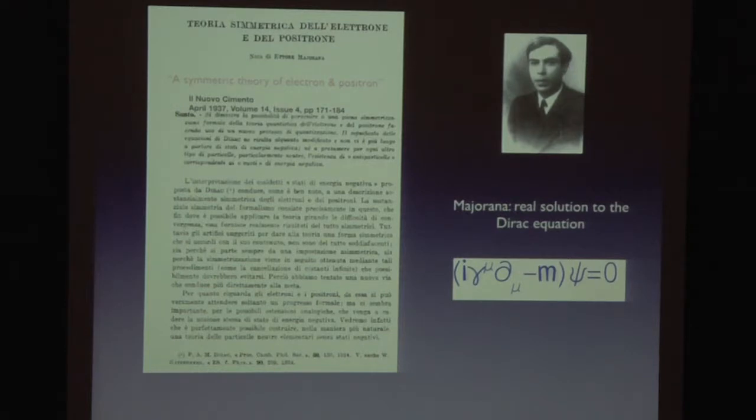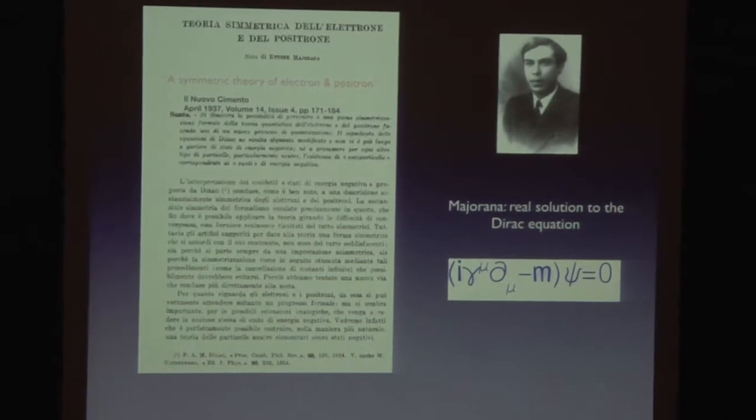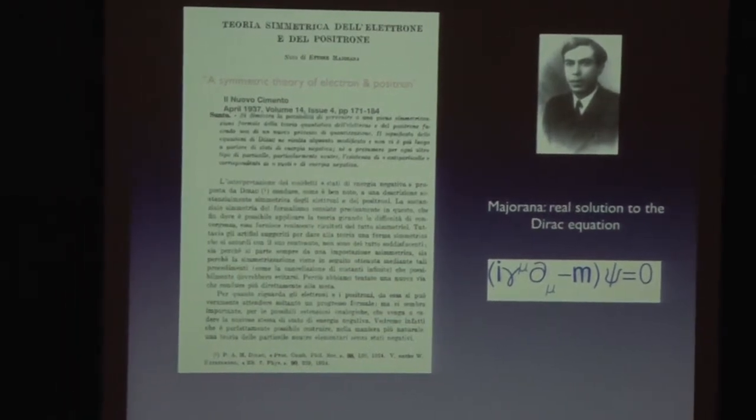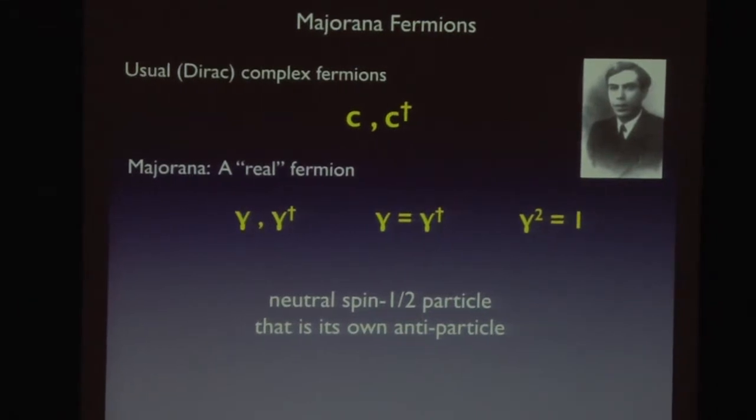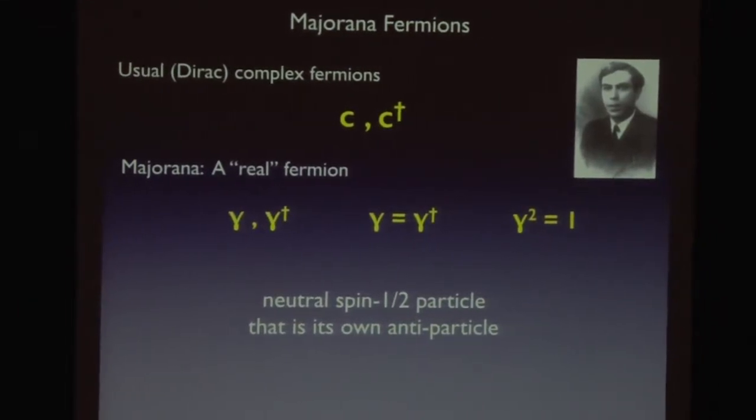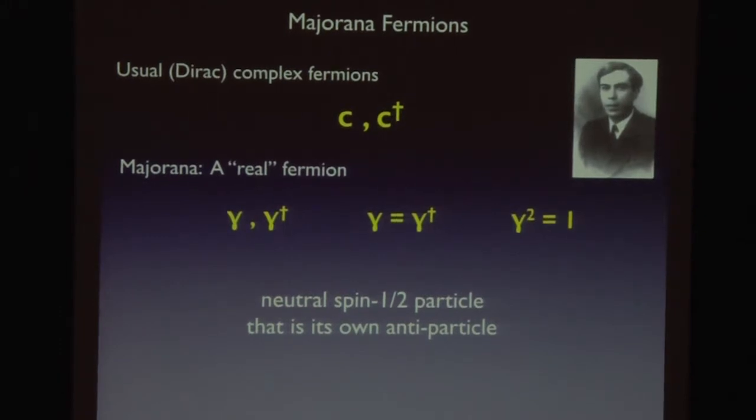And what Majorana did is he looked at these equations, and he realized that although Dirac had looked at complex fields, he could basically find a solution to the Dirac equation where the fields were real. And in the sense of the particles that we're used to, Dirac fermions are basically invented to give us charge and also give us both particle and antiparticle.